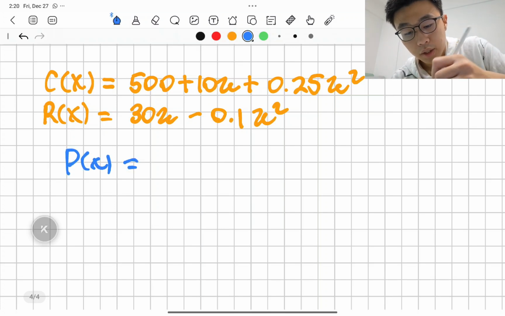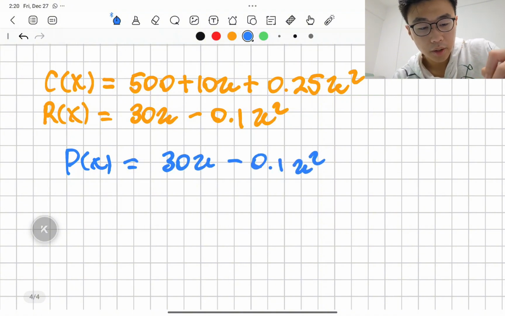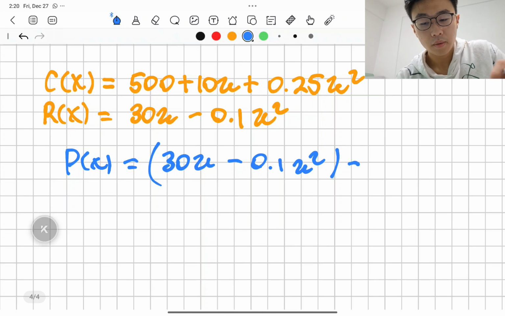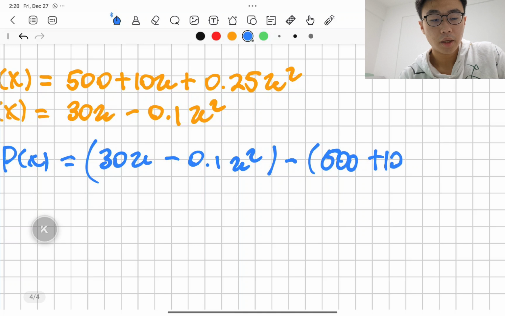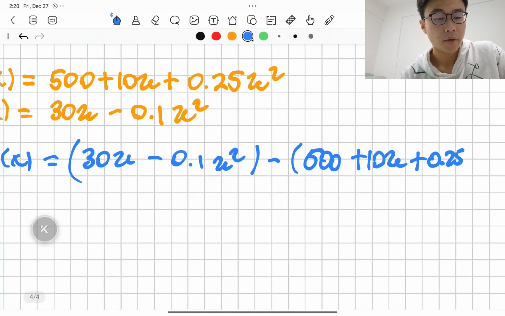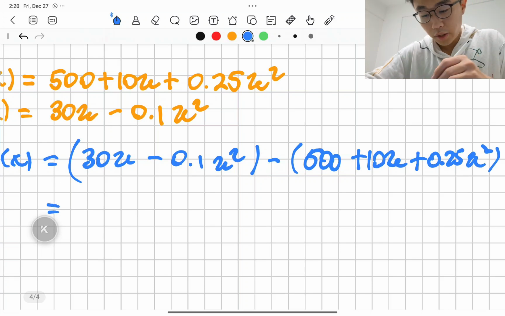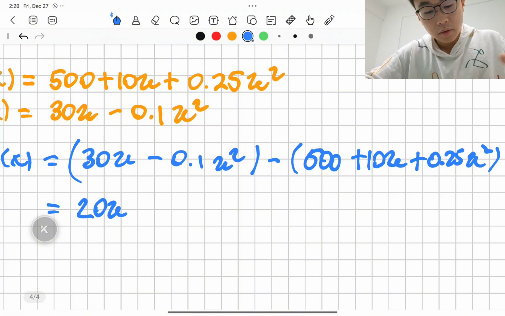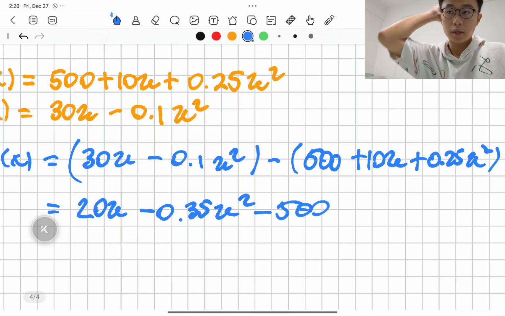So the profit function is 30x minus 0.1x squared minus the cost function, 500 plus 10x plus 0.25x squared. So we get the result of 20x minus 0.35x squared minus 500.